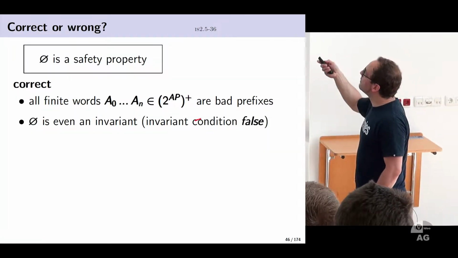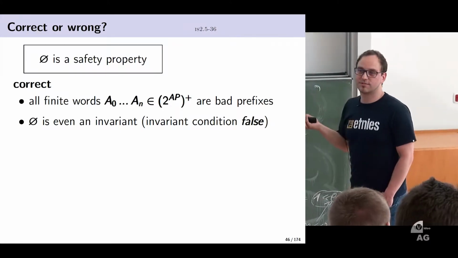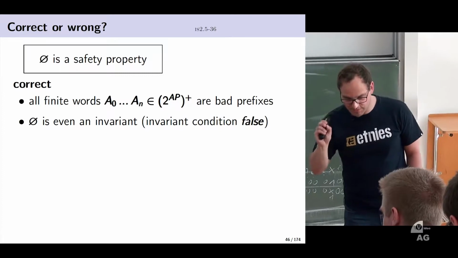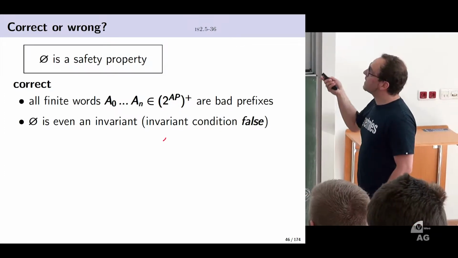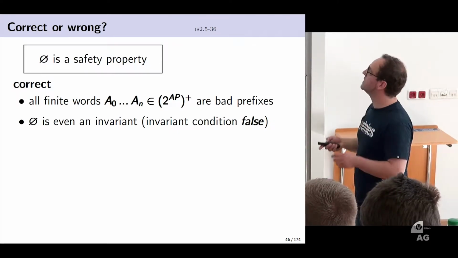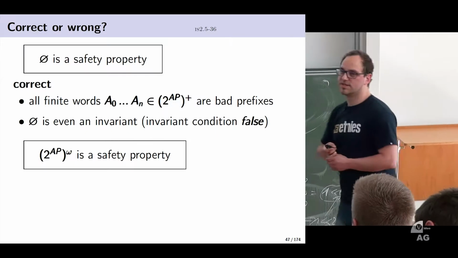And the invariant condition for this invariant, the empty set, is the condition false. So there is a propositional formula that characterizes this linear time property. So it's an invariant. Is the set of all words a safety property?